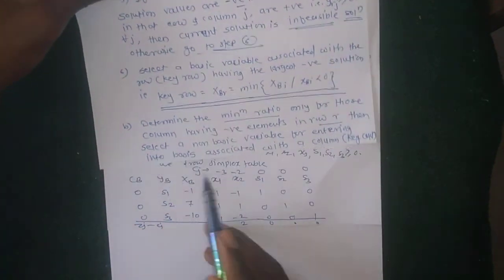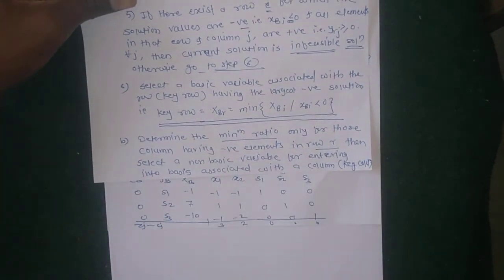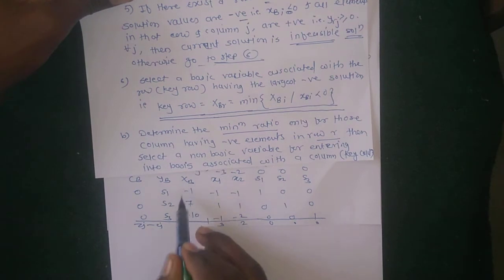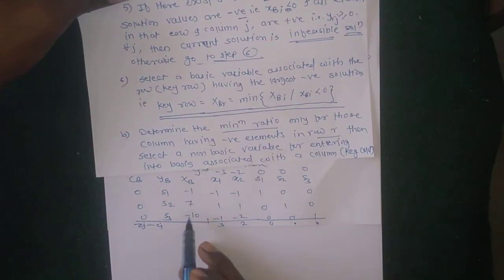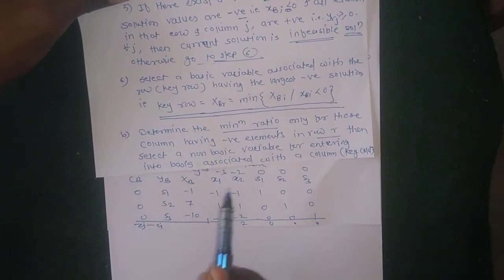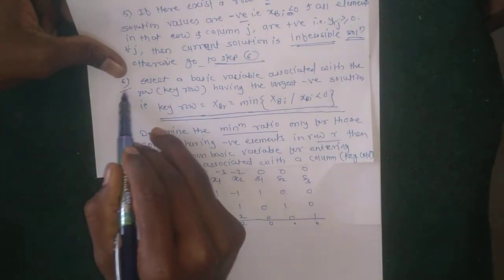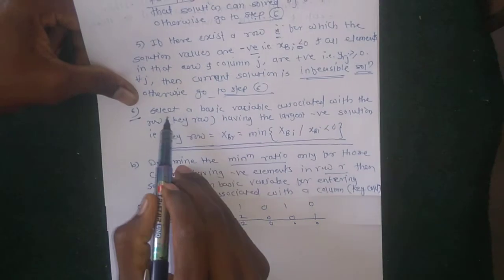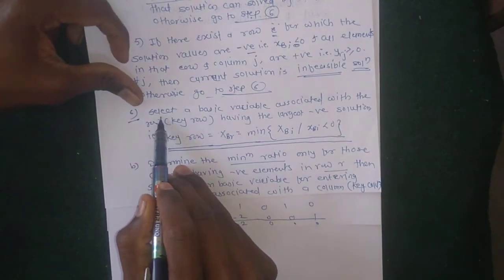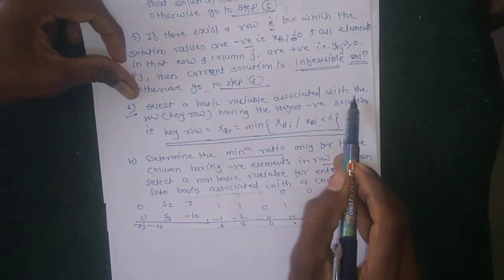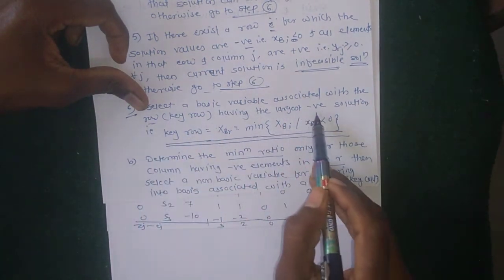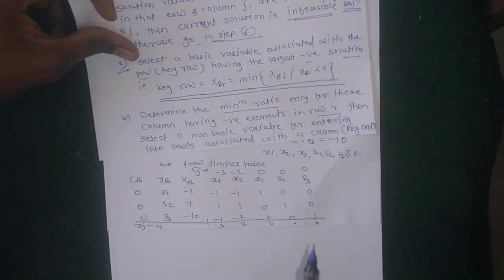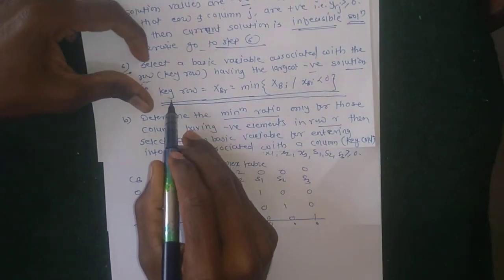Otherwise, if more than one value is negative in the XB column, then go to step 6. Step 6 is to select the basic variable associated with the row having the largest negative solution. The largest negative solution determines the key row.